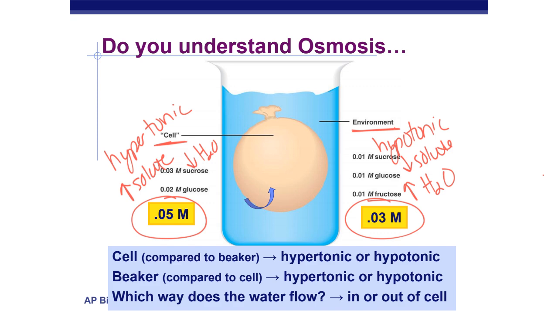Water flows from high to low, so this arrow kind of gave it away for you. So water should be moving into the cell. So the cell is hypertonic, the beaker is hypotonic, and water should be going into the cell. And we'll do lots of examples in class with this.